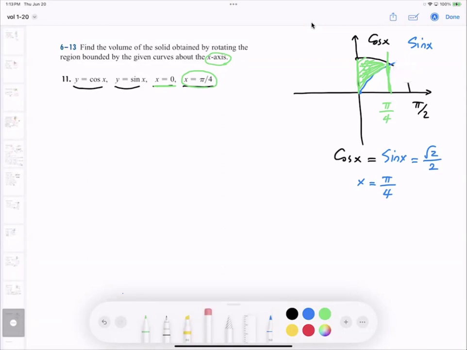Let us erase unnecessary portions and start rotating this about the x-axis. Very good. So basically, if we continue this to have a nicer shape, this is our cosine x, and this is our object, which is rotated about the x-axis.